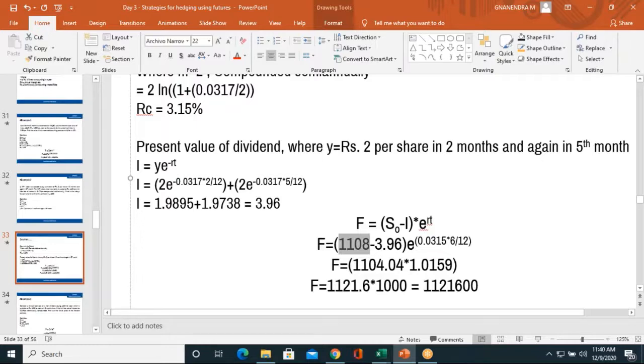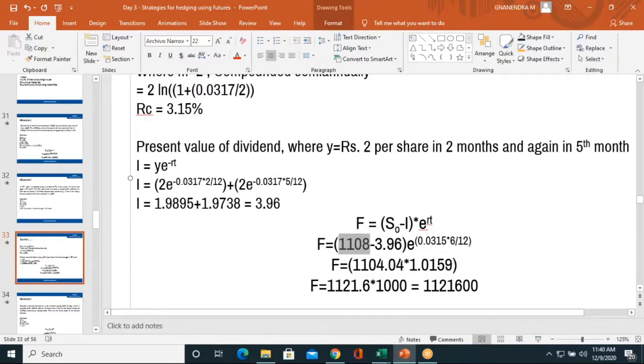But we are assuming that they are paying the dividend, the risk-free rate of return is this, and it is for 6 months, and it is continuously compounded. It's not necessary that it will be continuously compounded. By assuming all these things, we have calculated, and it is more than the rate. So we are going to take a long position in this particular futures contract.